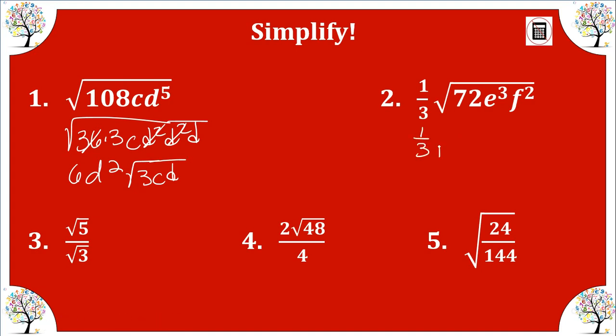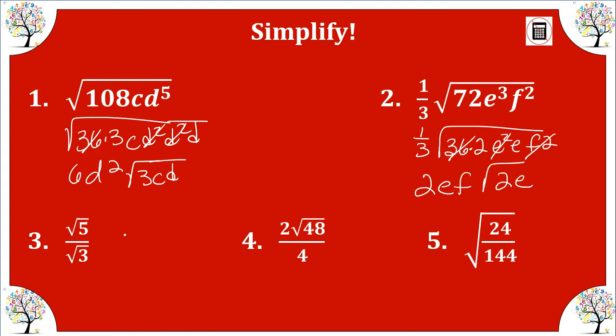We are going to break down 72 into 36 times 2, e squared, f squared. The square root of 36 is 6, and 6 times 1/3 is just dividing by 3, so that's going to give us 2. Take the square root of e squared, take the square root of f squared, leaving us with radical 2e.